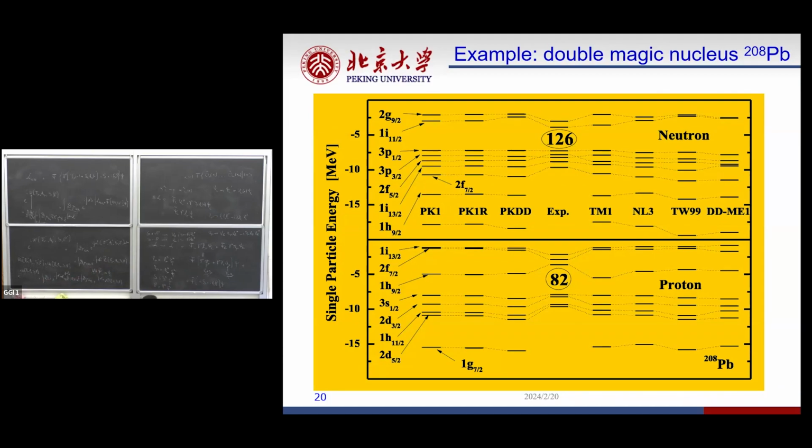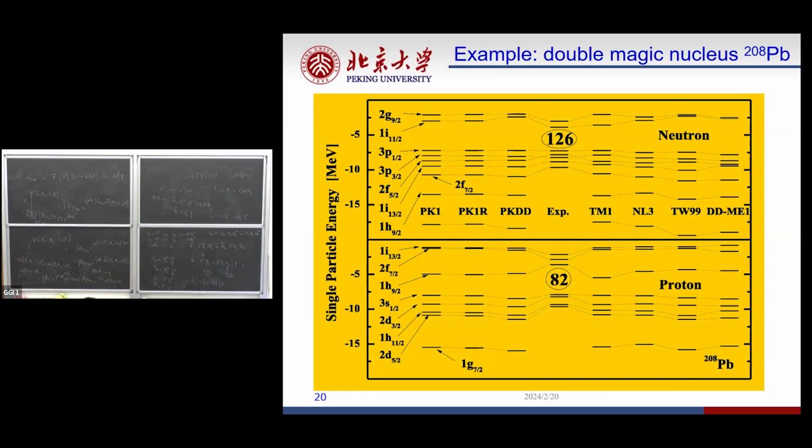Then you will notice that this is for lead-208. Lead-208 is a double magic nucleus, so you don't worry about pairing correlation and so on. This is simply a mean field calculation. Then you can get this single particle spectrum.